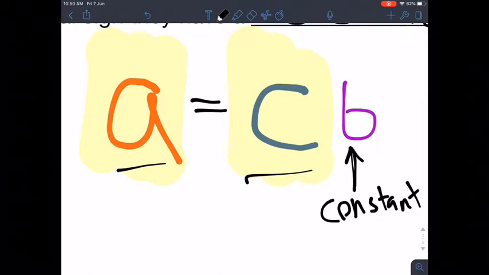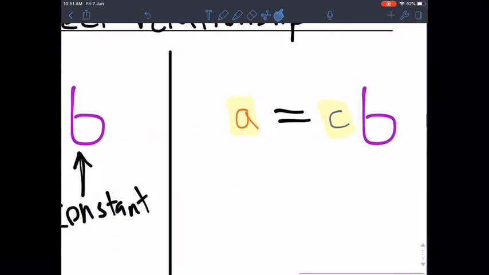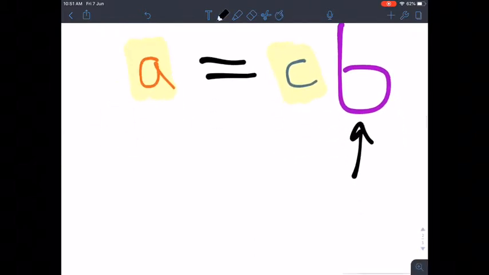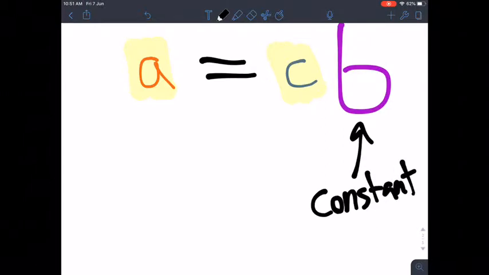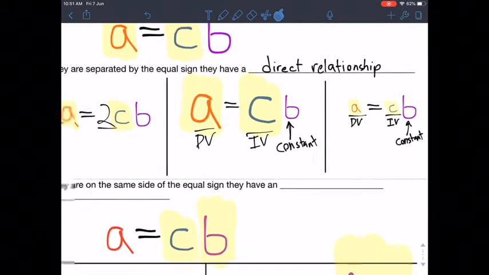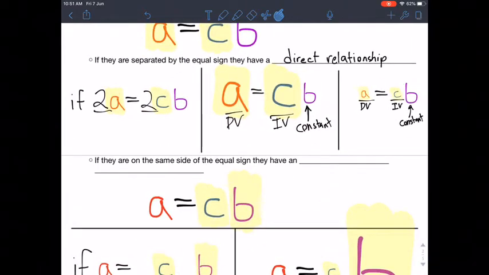You can think about it like an experiment where this might be the independent variable, that is your constant, and this might be the dependent variable. Okay? Over here, we see the same thing. So this is constant right here. And if this is your independent variable and it's decreasing, then this is going to be your dependent variable, and it is also decreasing. That is a direct relationship.